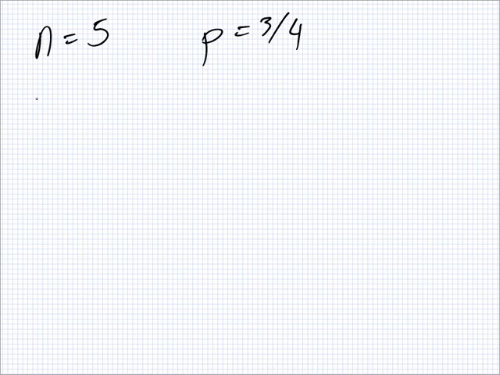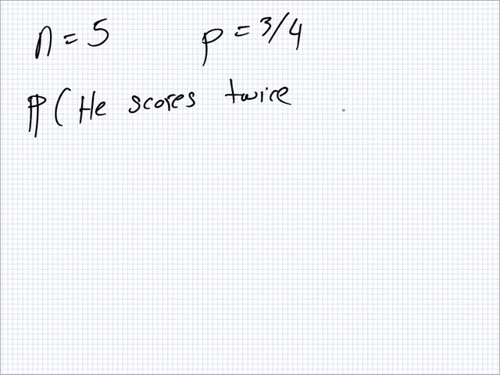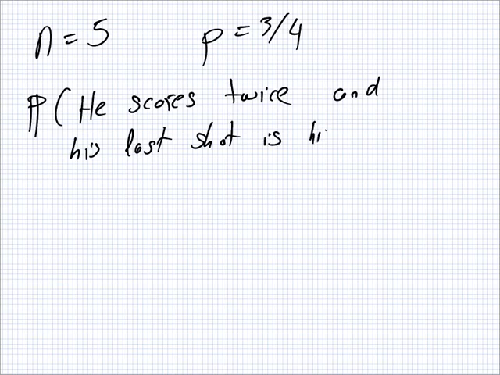And this time I want the probability that, let's say he scores twice, and his last shot is his second score.